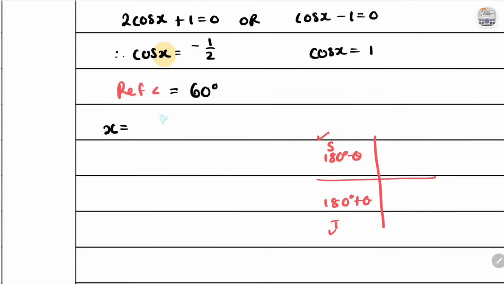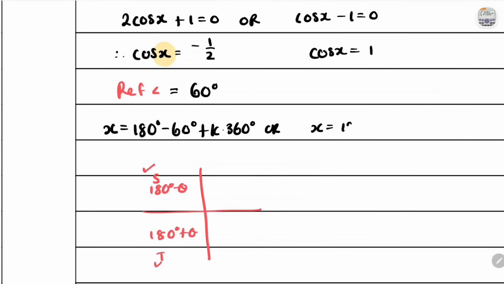So we'll say that x is equal to 180 degrees minus 60 degrees and then plus k of 360 degrees, or x is equal to 180 degrees plus 60 degrees, okay, using this reduction, and then plus k of 360 degrees.